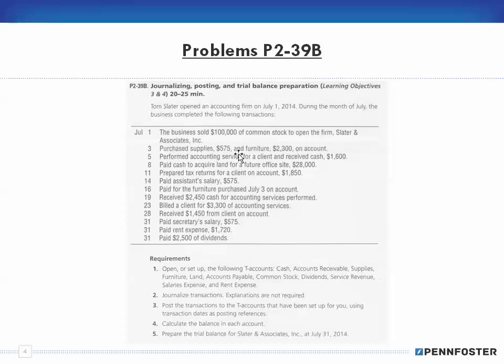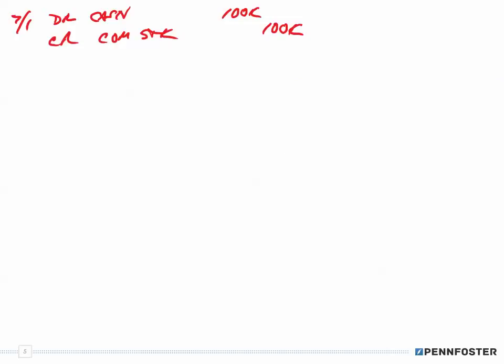All right. So July 3rd, purchase supplies for 575 and furniture for 2300 on account. So on 7/3, I'm purchasing on account. Am I affecting cash? No, it's on account. So since I'm purchasing on account, I'm going to credit my accounts payable, and it was for 575 and 2300, so that's $2,875.